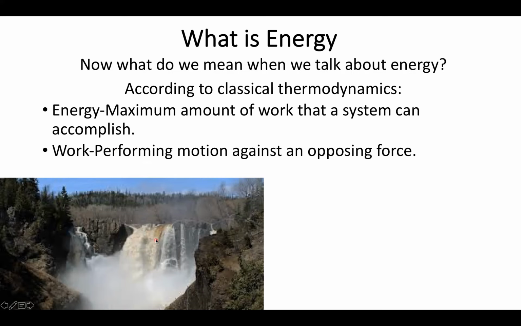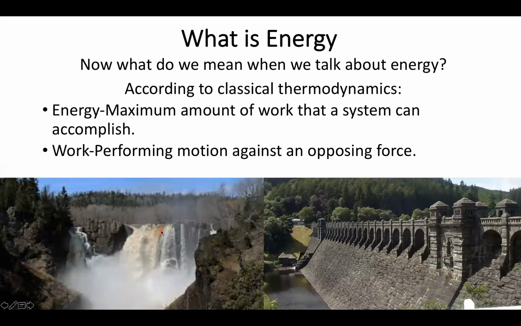However, I could get some work out of the system if I put an opposing force for that water to act against. So, for example, what would happen if I put in a dam across the system? Well, now my water is going to have to perform some work against, say, a turbine to exit down at the bottom of the cliff.